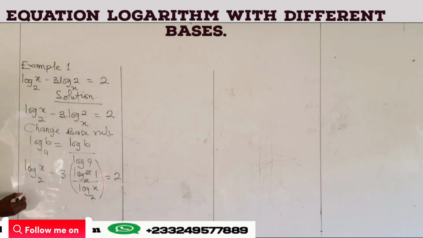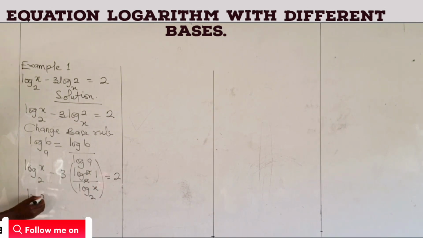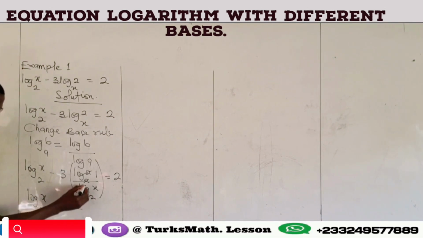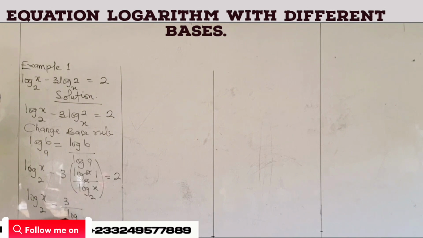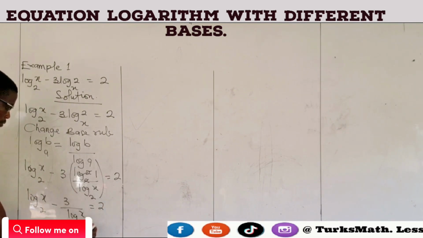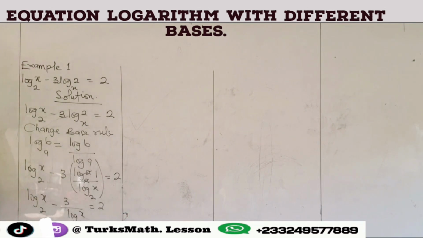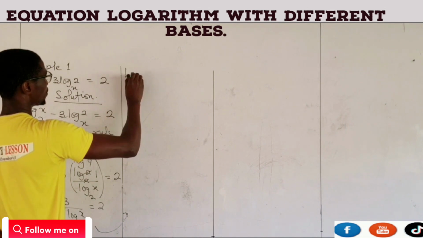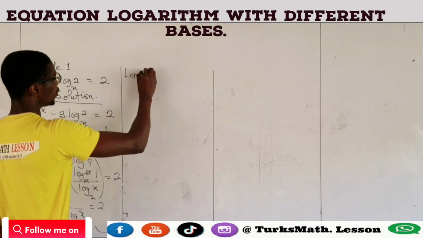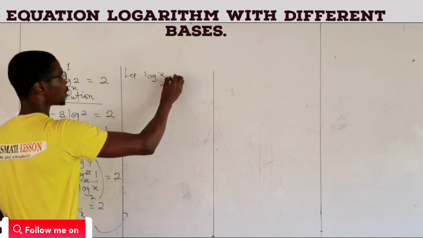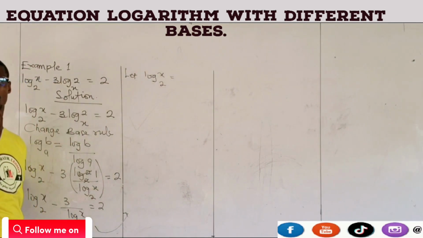So we're going to have log x base 2 minus 3 out of log x base 2 equals 2. Now, we say that let log x base 2 equals any variable at all.